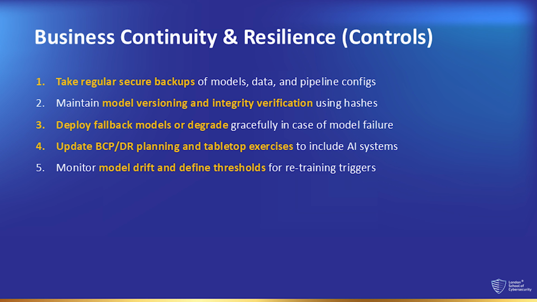Okay, and again, the final control on business continuity and resilience is we need to monitor what is called drift, and we have to check thresholds for any retraining triggers, because see, the system is great, it's efficient, but it has a learning curve.